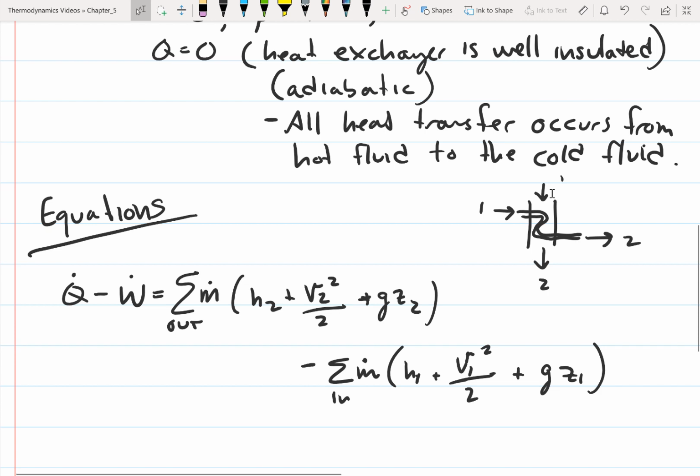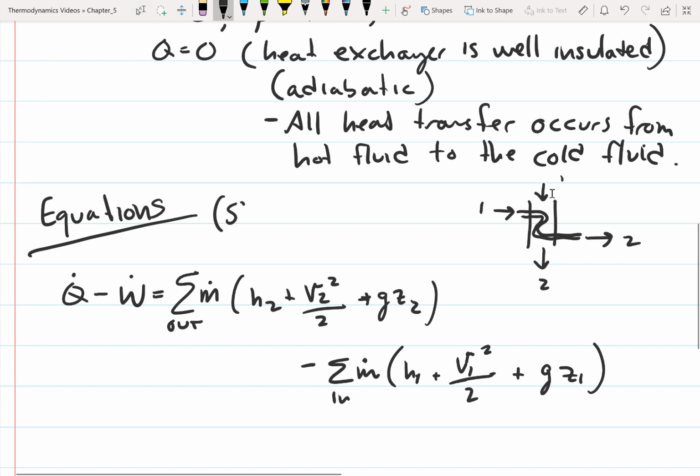Because the equations that are written for specific cases have assumptions built into them, and if you just write down an equation for a specific case, it might have an assumption that you can't make, and it might be hard to figure that out just by looking at it. So I like to start with this equation. This is the general energy balance for steady flow.